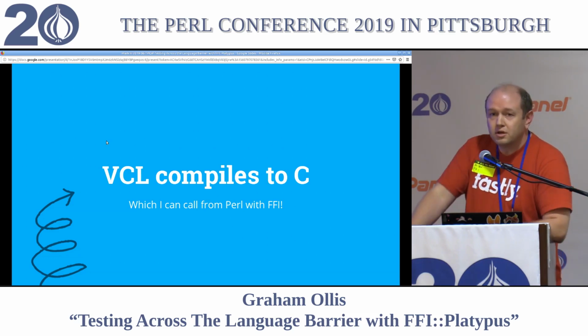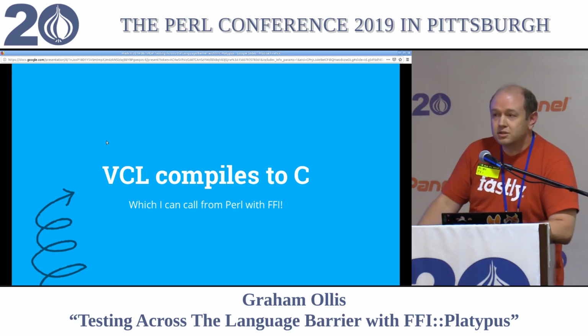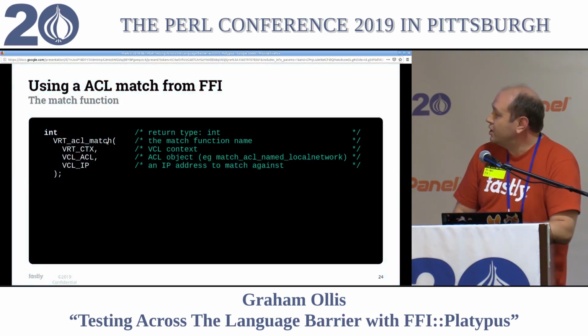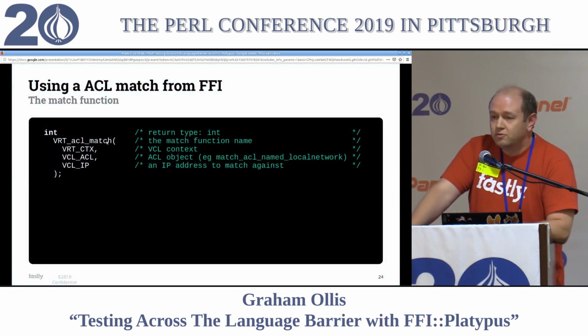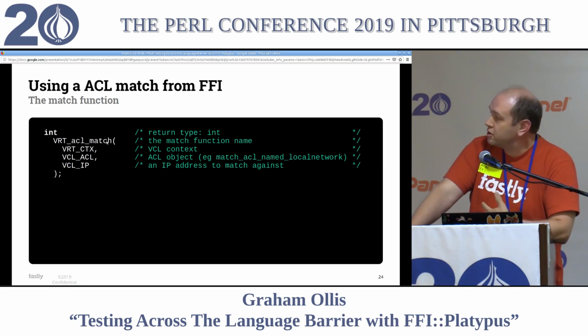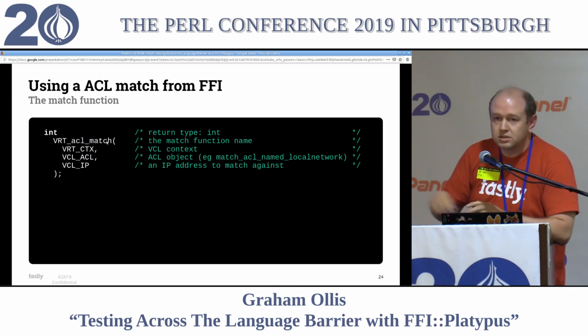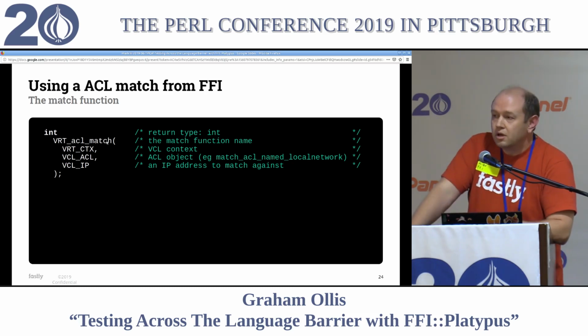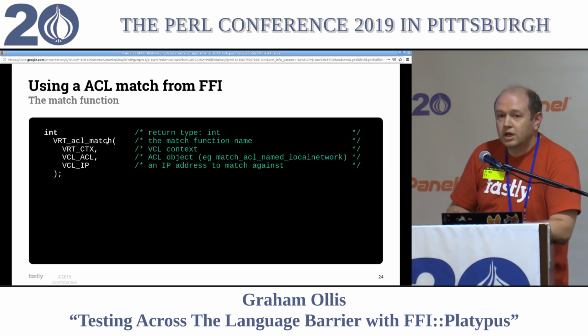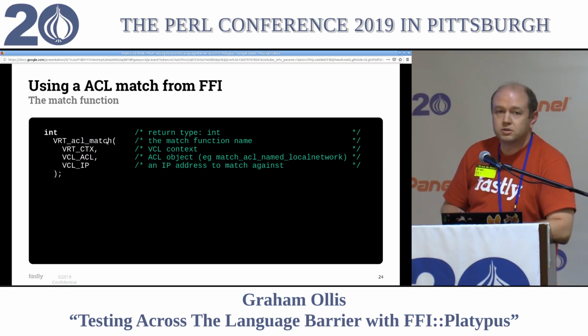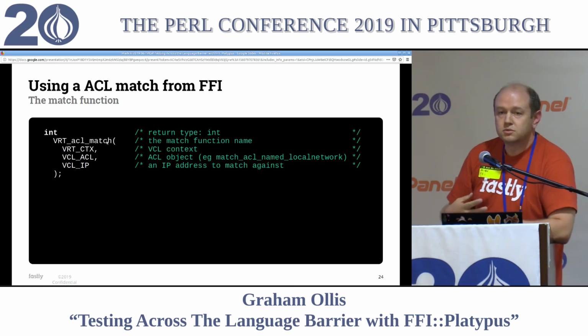I was working on these things for a while, and this was finally my chance to do that. So Varnish has a function that lets you test a match on an ACL. You give it a context. The context is the connection that it's working on. Give it the ACL and the IP address that you want to test, and it returns a true or false if it matches or not.